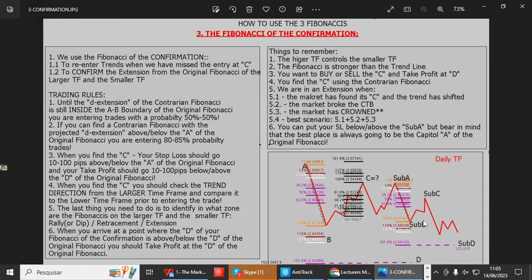So you have the sub A, sub B, sub C, sub D. And when we have three Fibonacci's, the original one, the contrarian Fibonacci, plus the Fibonacci of the confirmation, then we have A, B, C, D. The contrarian is going to be sub A, sub B, sub C, sub D. And the confirmation is going to be sub A, sub B, sub C, and then sub D.